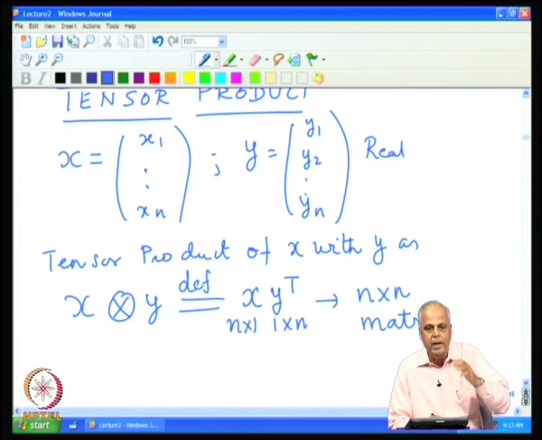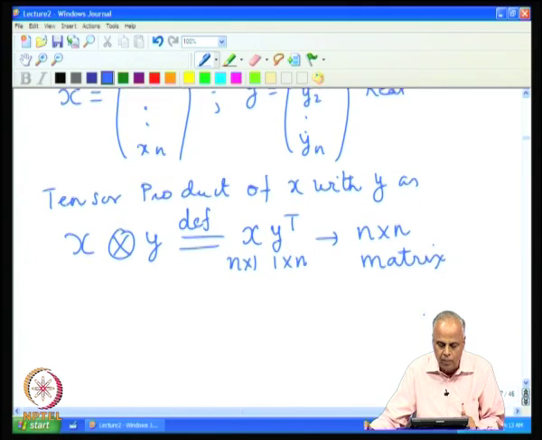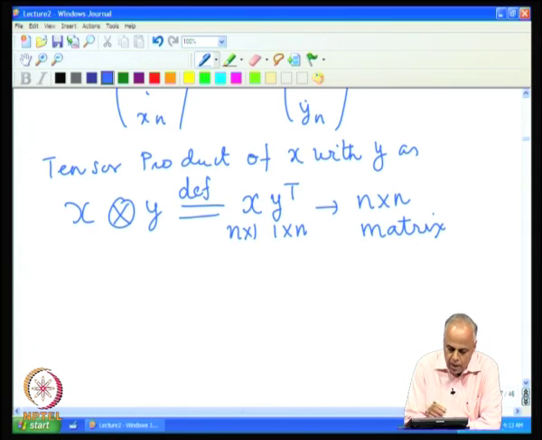Now, we go higher in the hierarchy. When we take the tensor product of two such column matrices, we get an n by n matrix. Thus the tensor product gives us a matrix.